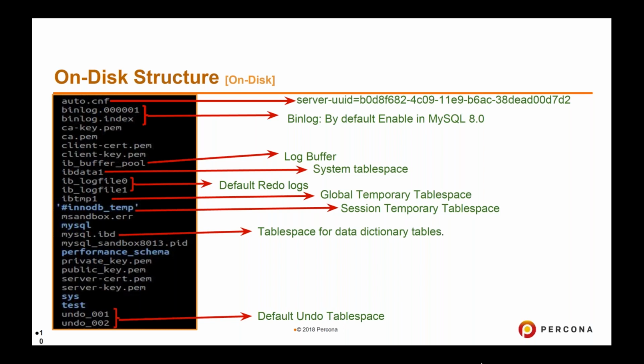Till 5.7, bin log was not enabled by default, but in 8.0 it is enabled, because it's pretty important for a production system to have this bin log. If for various reasons you don't want bin log, you need to disable it manually by adding the configuration in your my.cnf.